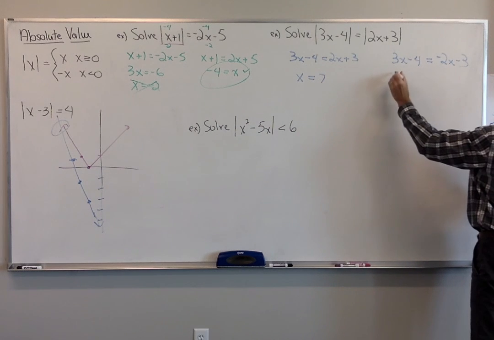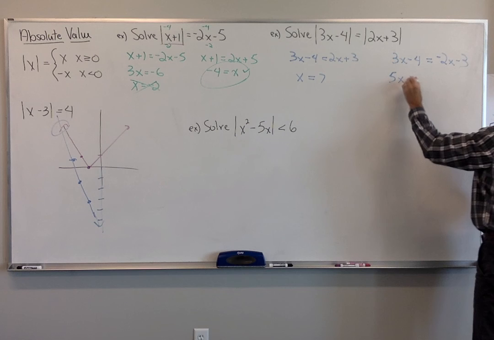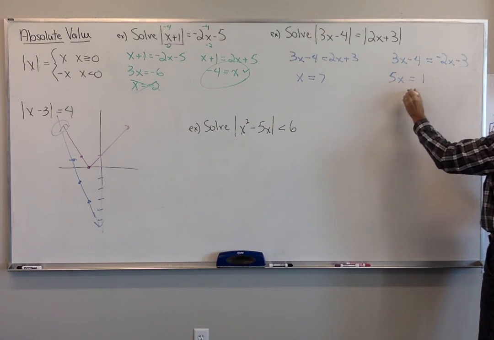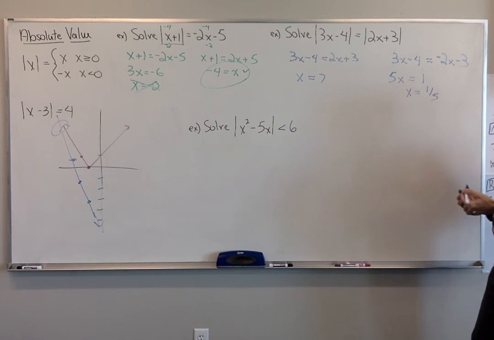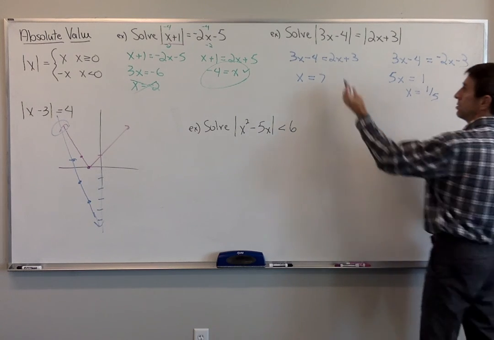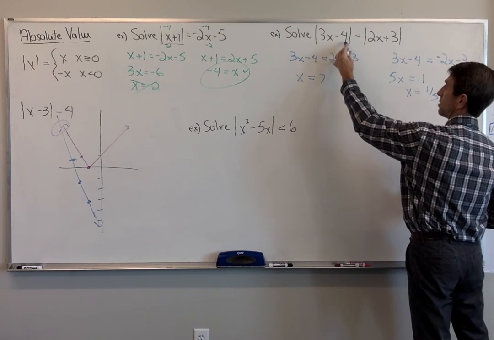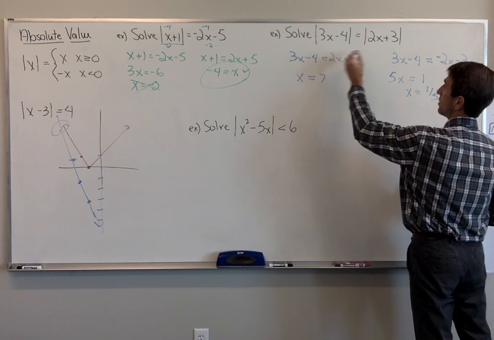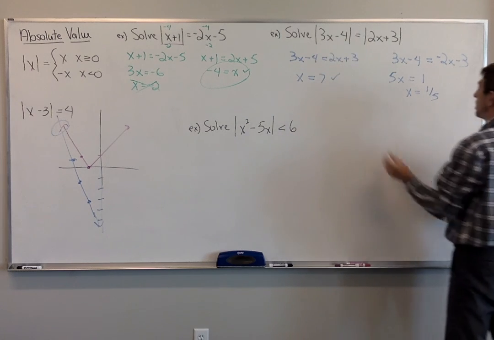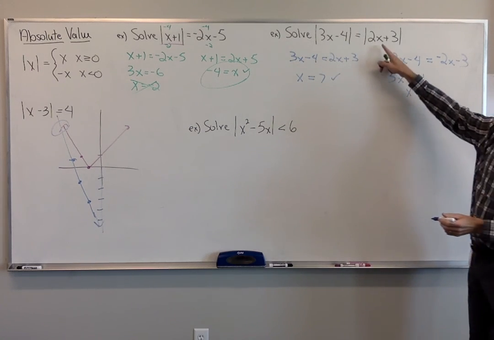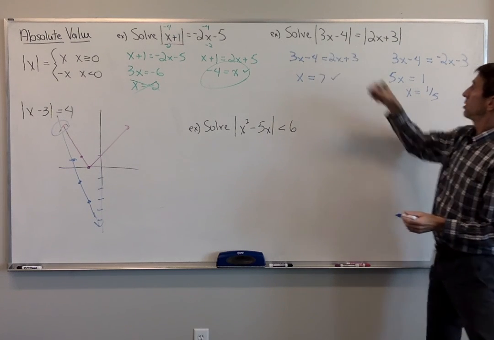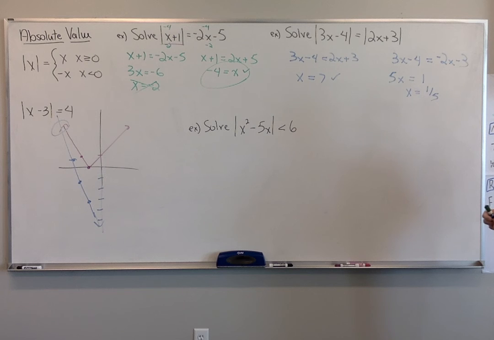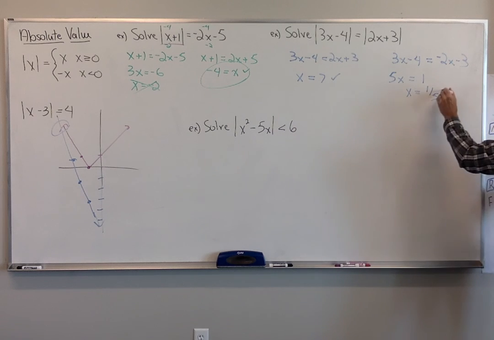Solve this, I'm going to get 5x equal 1. So x equals 1/5. Again, we should check them. 7 is 21, that's minus 4. 17, okay, that works. 1/5, 2/5 and 3. Here we get 3/5 minus 4, but we take the absolute value. It's going to be the same thing, right?